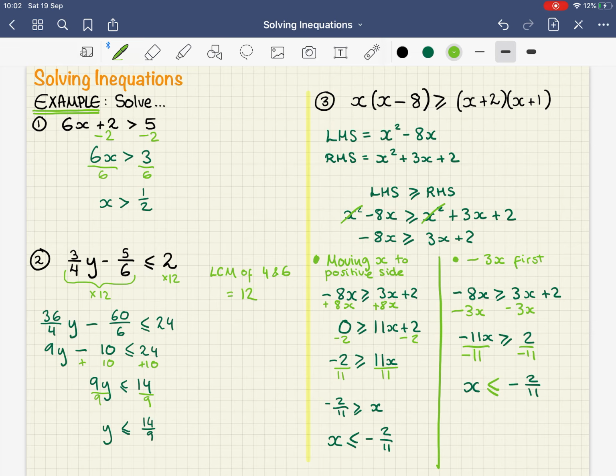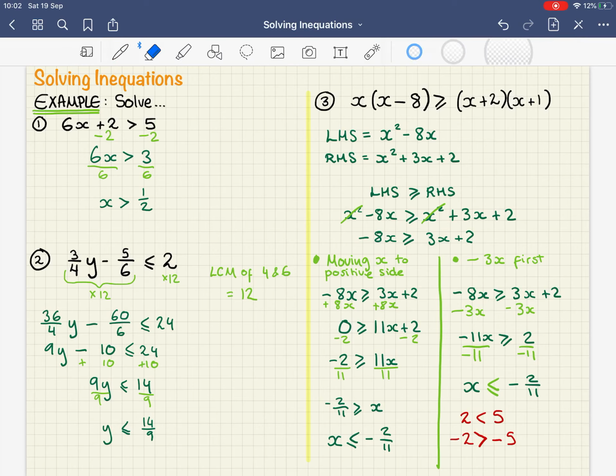If I had, let's just do a completely different colour for this, if I had 2 is less than 5, and I had negative 2 and negative 5, so essentially I've multiplied both those numbers by a negative number, negative 2 is now more than negative 5.